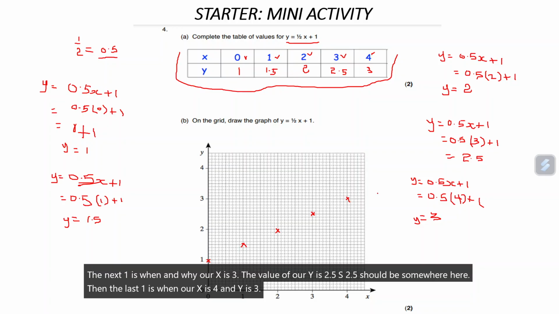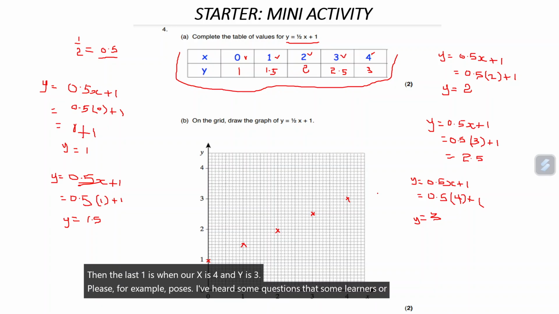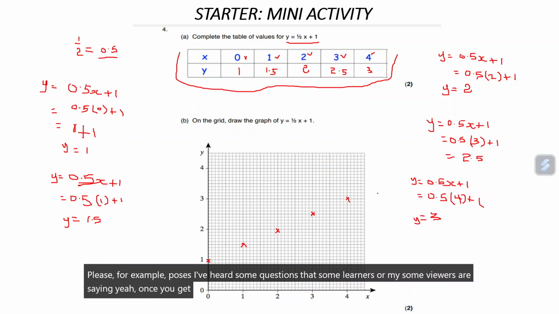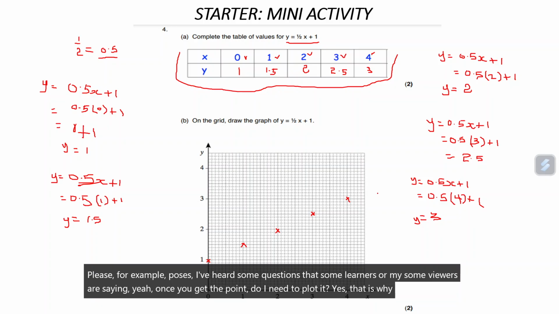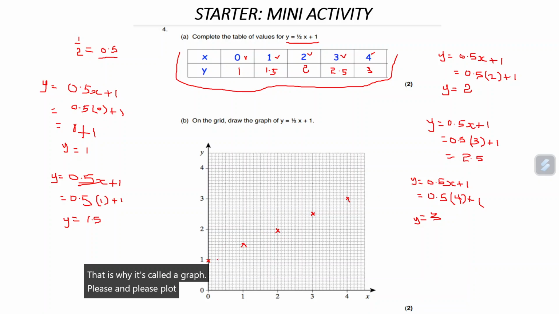Please, for exam purposes, I've heard some questions from some learners or viewers saying, once you get the point, do I need to plot it? Yes, that is why it's called a graph. Please, plot your graph.